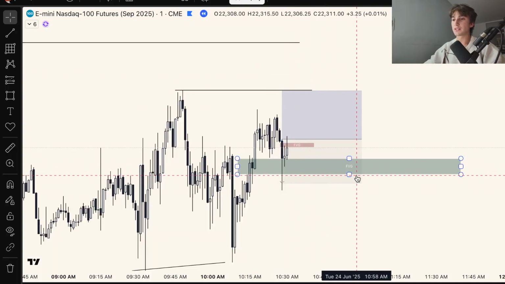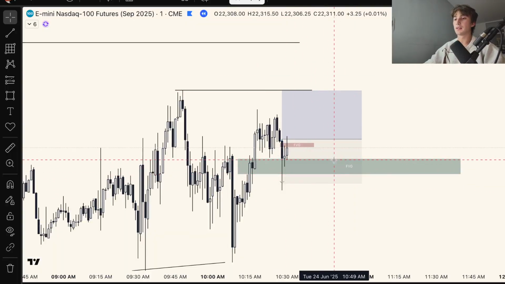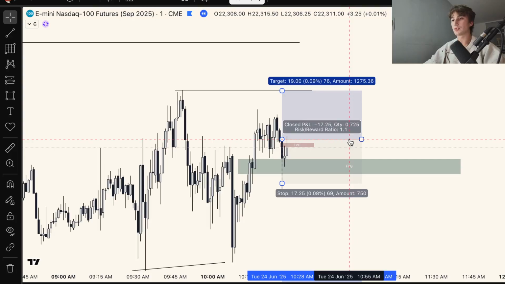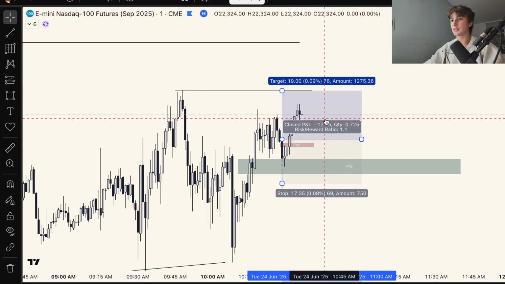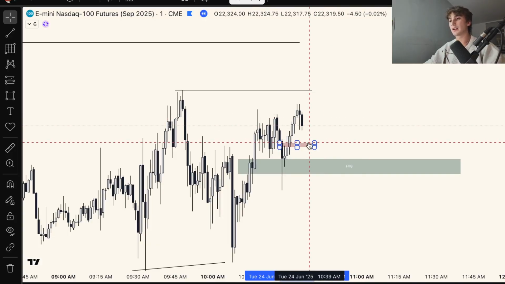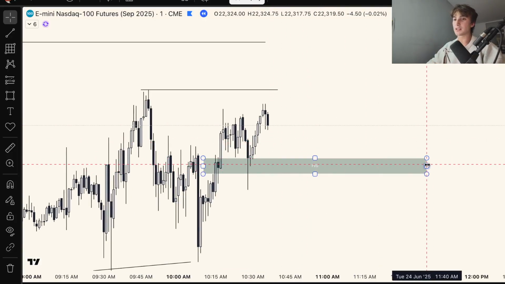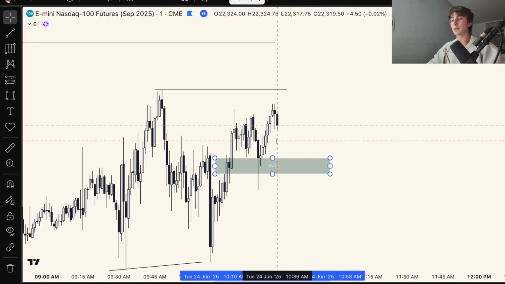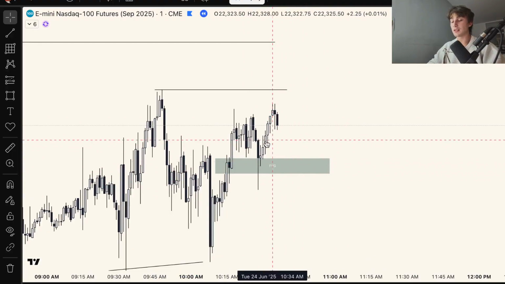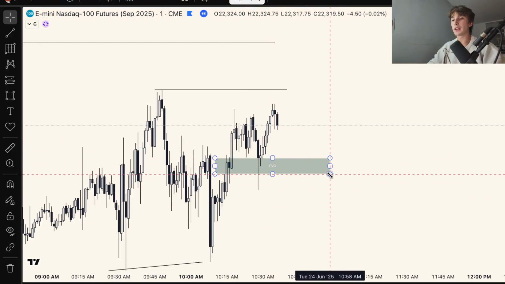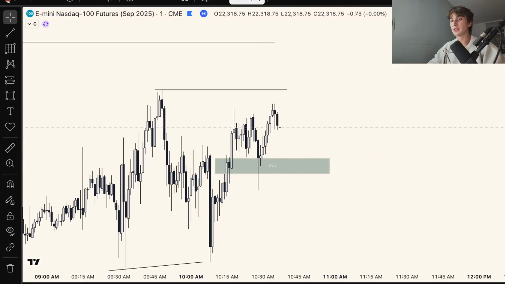So if this 5-minute's getting respected, then I can assume the price will want to go higher. Is that the case? Yeah, it goes higher. And until this 5-minute gets disrespected, until this gets invalidated, since it's the only 5-minute, I'm going to assume price wants to keep going higher.